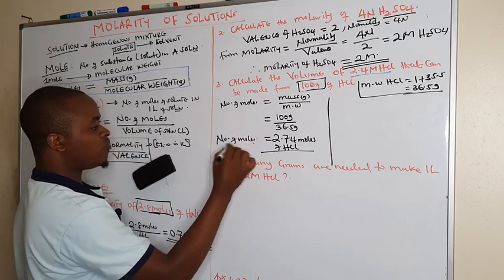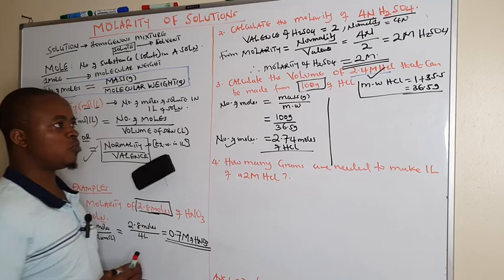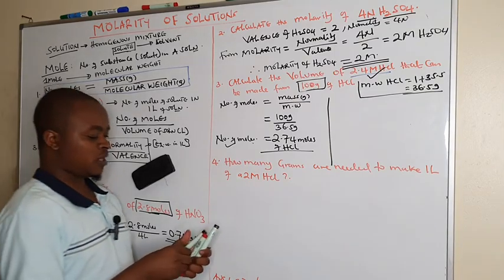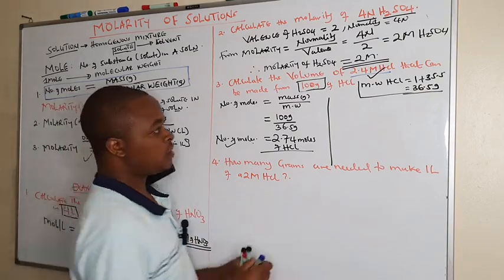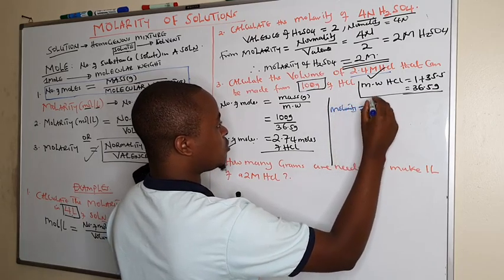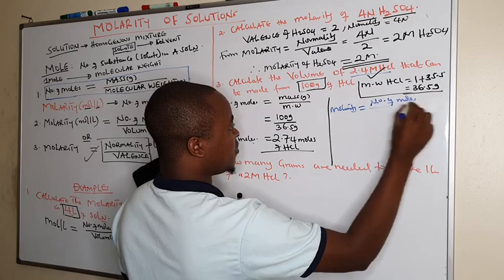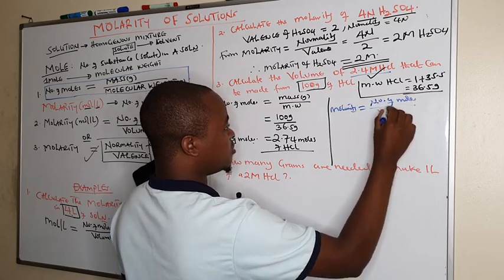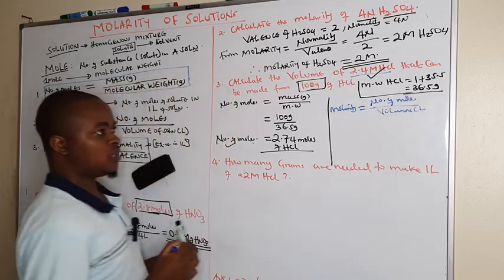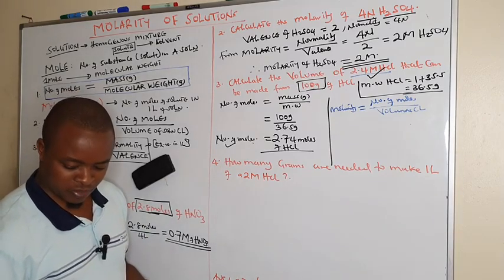So since I have number of moles, and I have molarity, which is 2.4 molar, I can easily use the formula: molarity is equal to number of moles divided by volume. And this volume, we said, should be in liters.